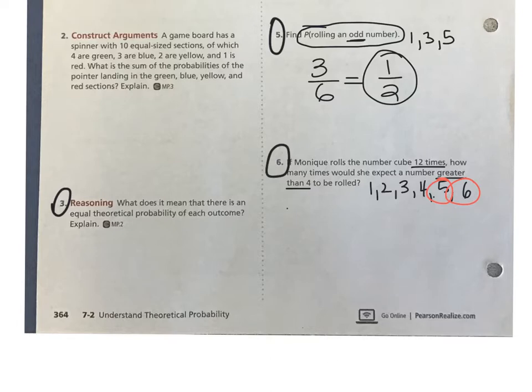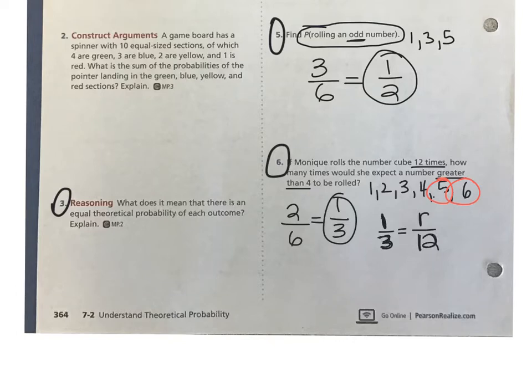So there are 2 outcomes out of 6 that meet that requirement, which is the fraction 1/3. Now we need to take that 1/3 and use it in a proportion to find out how many times would she roll a number greater than 4 out of 12 rolls on that number cube.